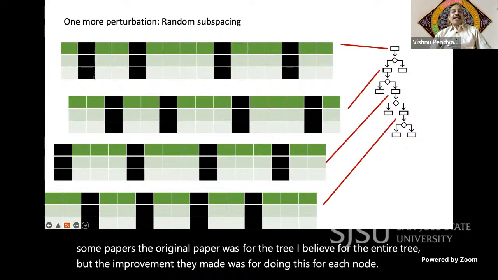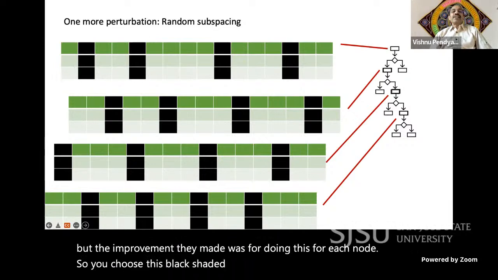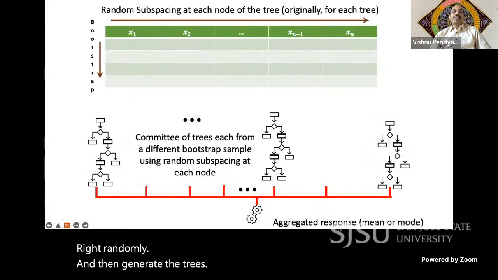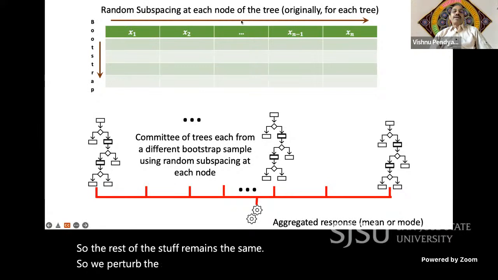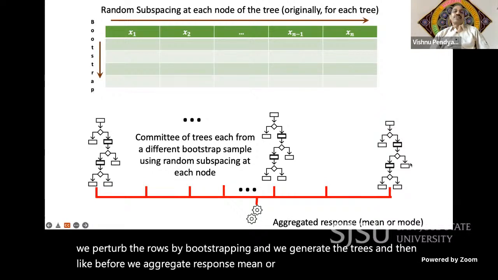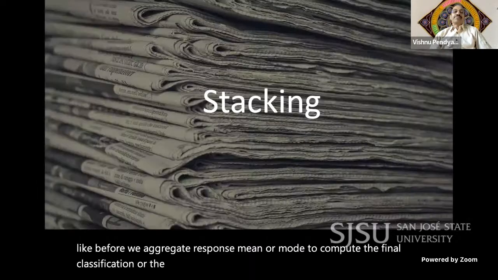So you choose these black shaded columns for each node, randomly, and then generate the trees. The rest of the stuff remains the same. So we perturb the columns by random subspacing, and we perturb the rows by bootstrapping, and we generate the trees. And then, like before, we aggregate the response, mean or mode, to compute the final classification or regression value prediction.